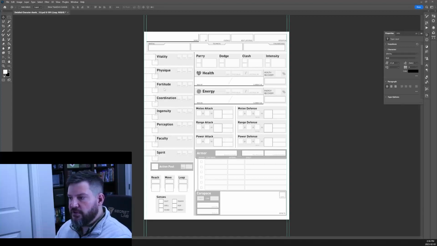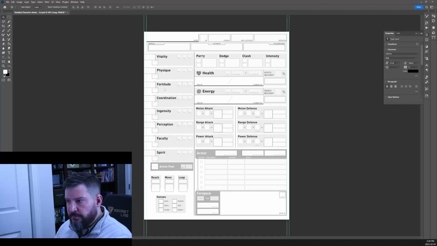So fortitude is whether or not we have the discipline to be able to do something when it's hard. Fortitude is also our ability to cope when we're inebriated or poisoned or something like that. Fortitude is also our ability to keep pressing forward under extreme levels of pain and duress.